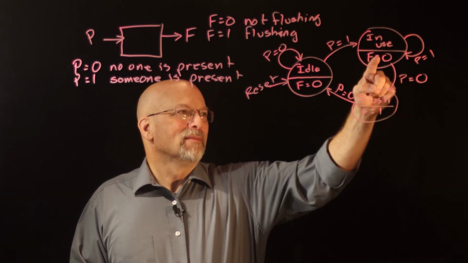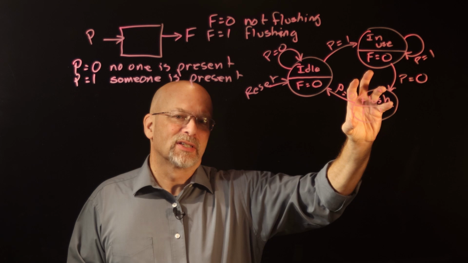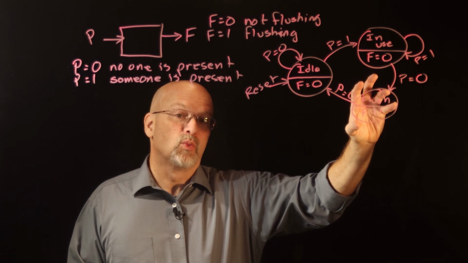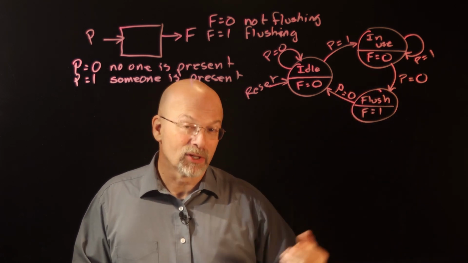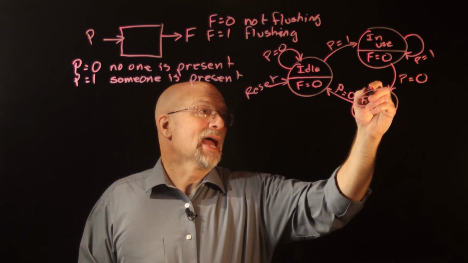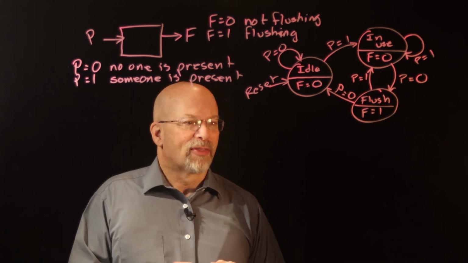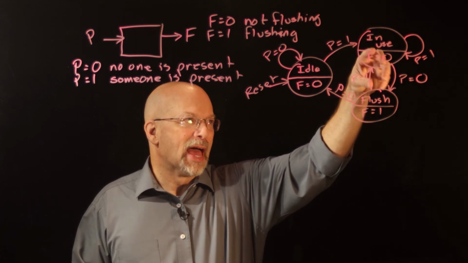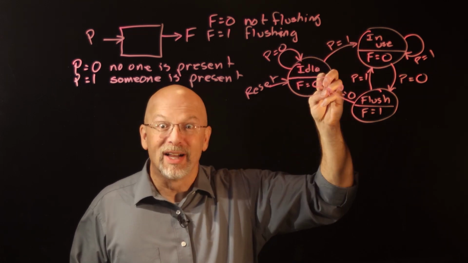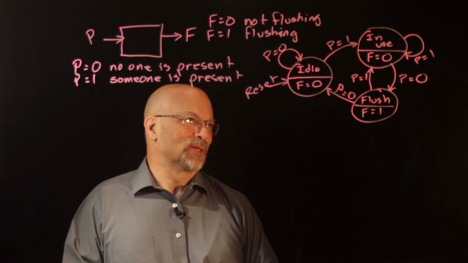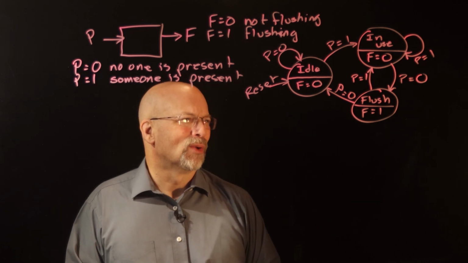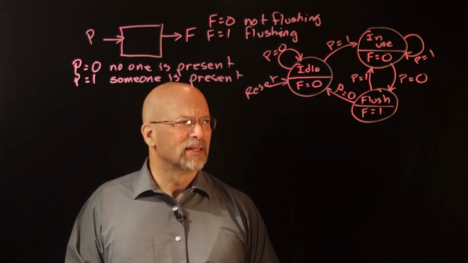If there's a line, we flushed, and then P equals 1 means somebody came up to use the facilities immediately after, so we're back in use. Once again, all P equals 1s lead to in use. All right? Wow. Looks like we're done.